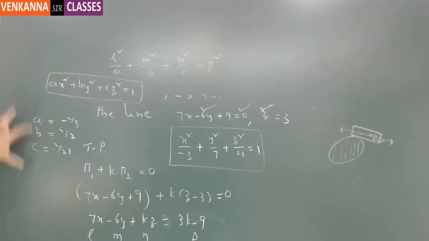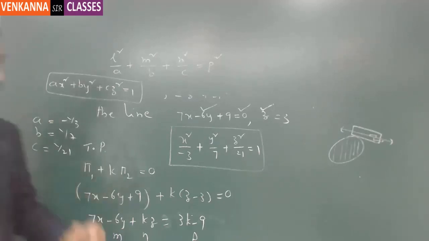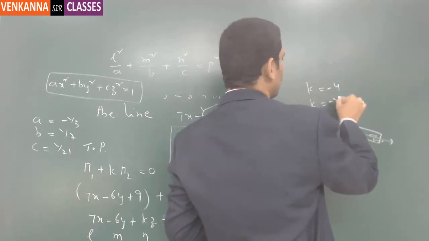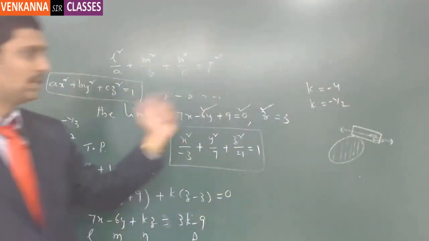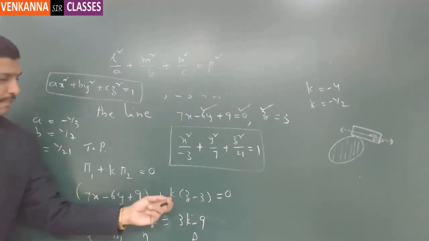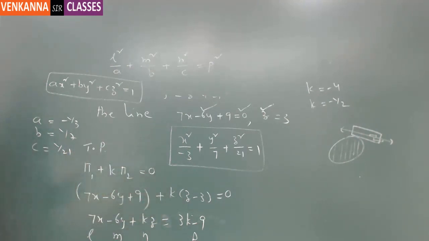If you substitute the respective values here, you will get the value of k. So k is equal to -4 and k is equal to -1/2. You will get two values for k. Substituting -4 and -1/2 here, you will get two tangent planes.